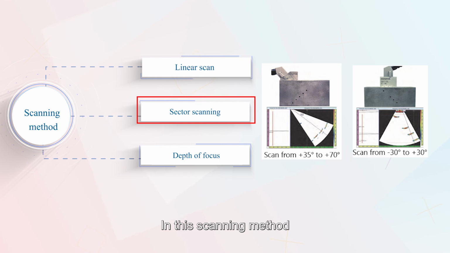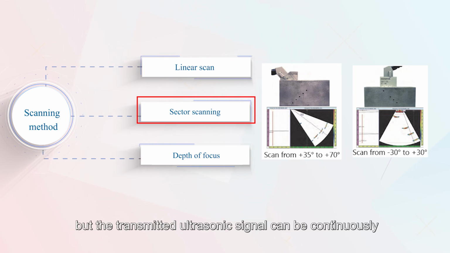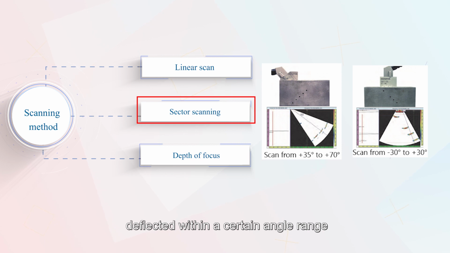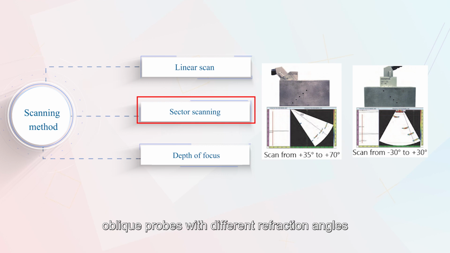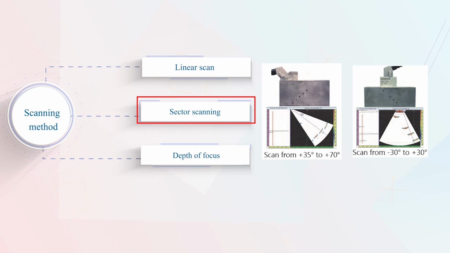In this scanning method, the probe does not move, but the transmitted ultrasonic signal can be continuously deflected within a certain angle range, which is equivalent to the detection of several ordinary oblique probes with different refraction angles.